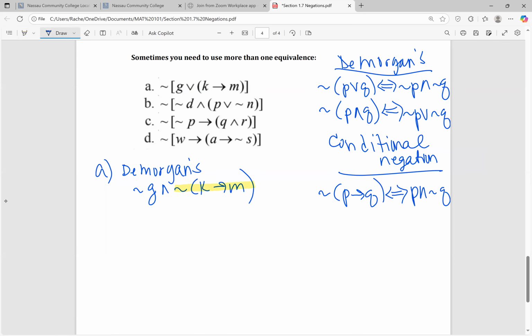So this is the conditional negation now. So I'm going to have not G, and now let's use the conditional negation equivalence here. So we're negating this conditional. So remember, leave and negate. So that's going to be K and not M. So the result is going to be not G and K and not M.